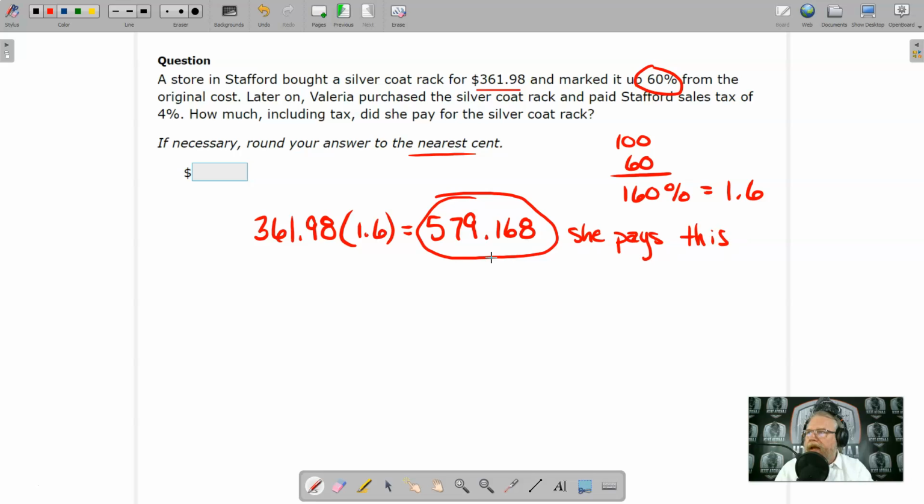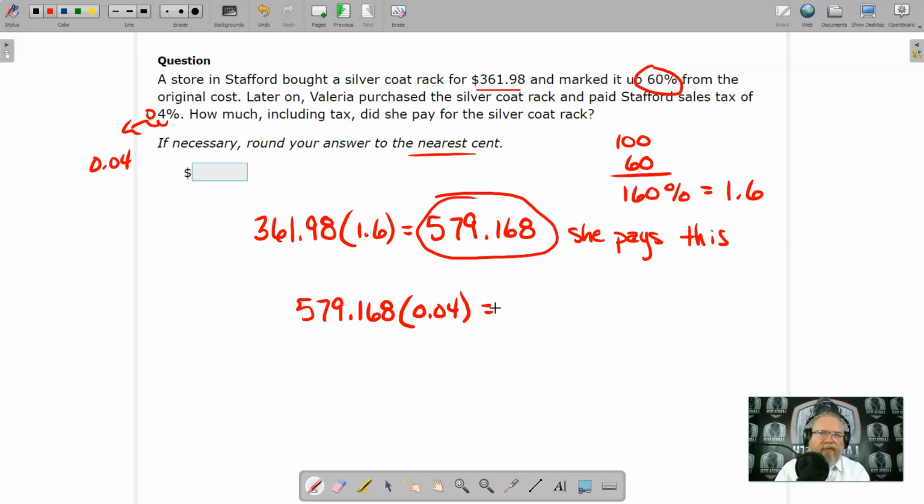So now she also pays tax on it. So it's 4%. 4% as a decimal is going to be 0.04, moving the decimal over 2 places, right, throw a 0 on there. So we need to take that 579.168, multiply that times 0.04, that is the sales tax, and this will tell us what the sales tax is on it.